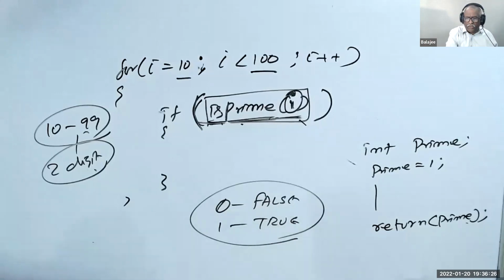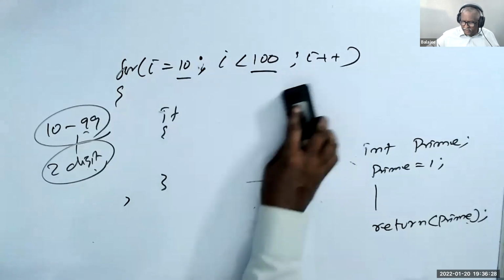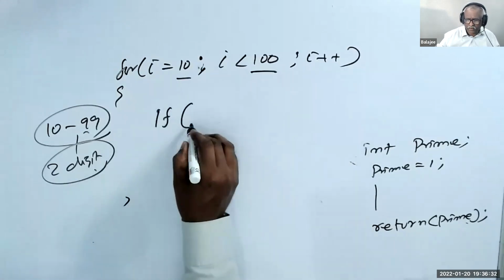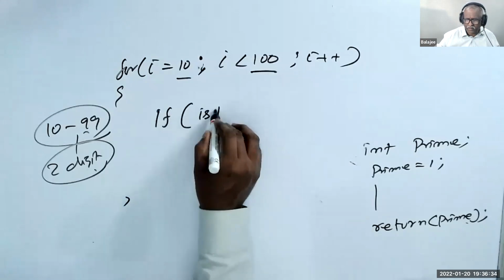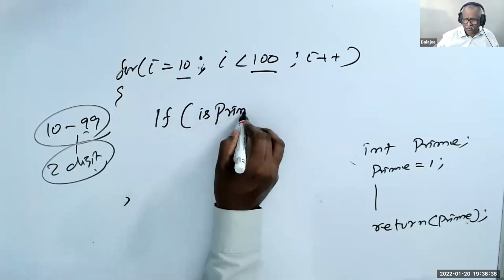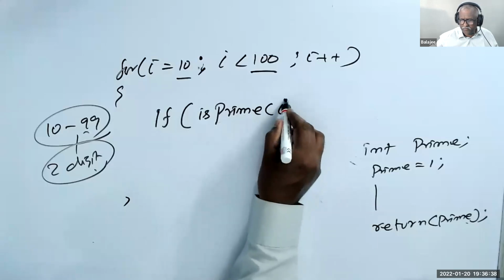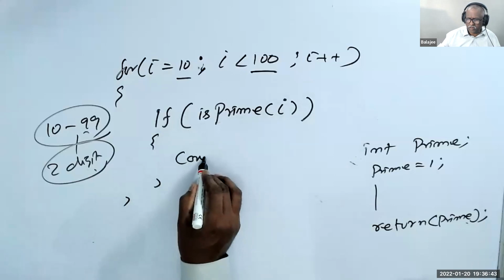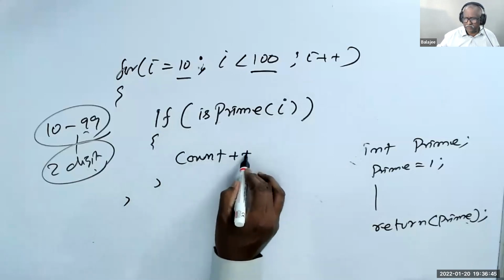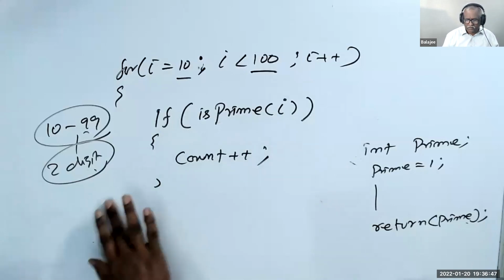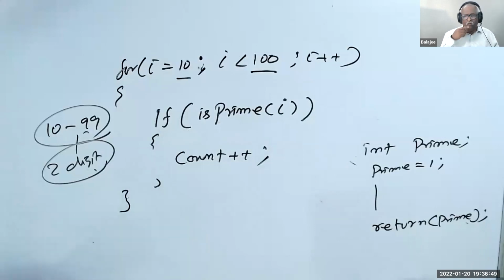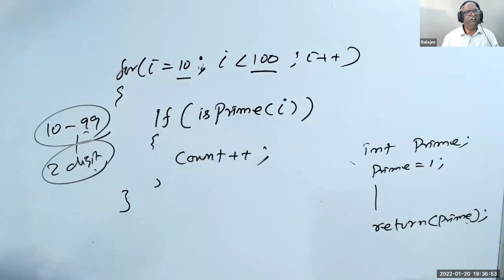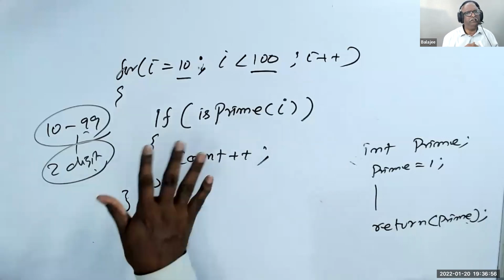So I do not have to even write that inside the if condition. I write if isprime of i, enough. Count plus plus. See that? This is the simplest program. This is the difference.